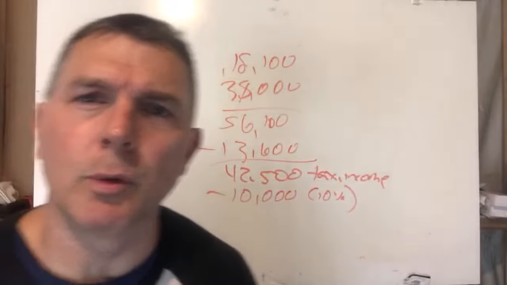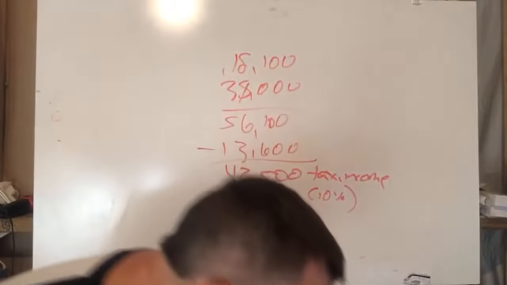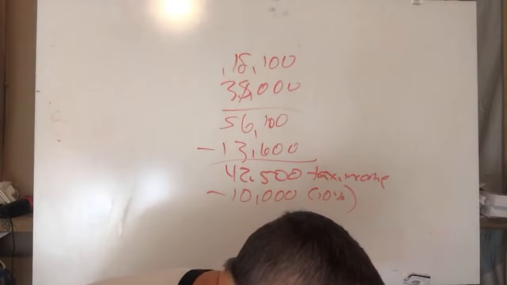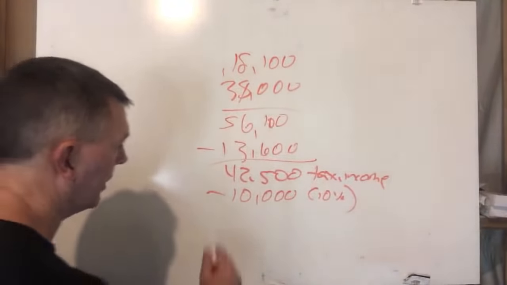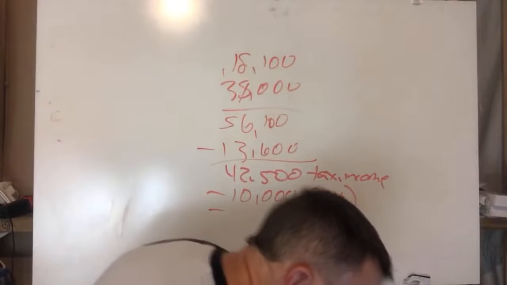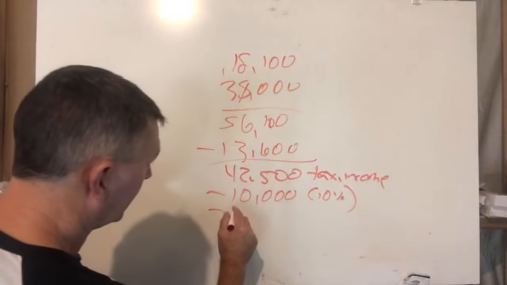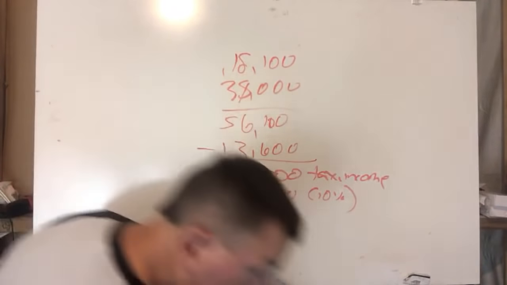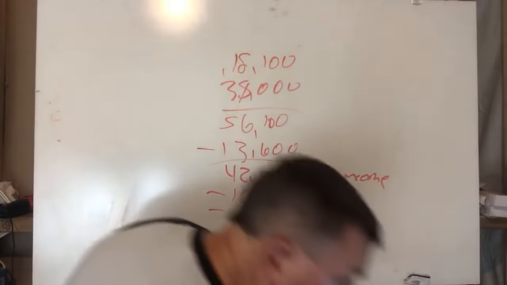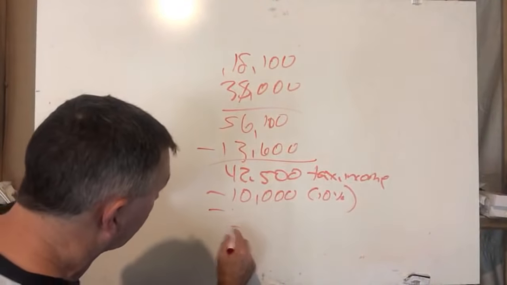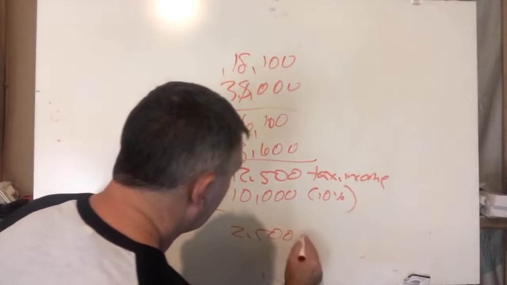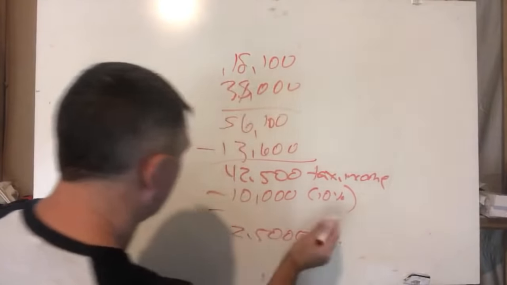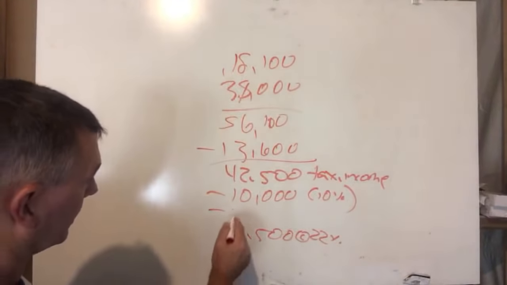For a single person, where does the 12% end? Does anybody know? Is it 29,000? 40. Okay, cool. Right on, Dan. So 40,125. All right, gotcha. And so basically, we're going to have 2,500 at 22%. And whatever that is right there, it's 30,000 roughly.